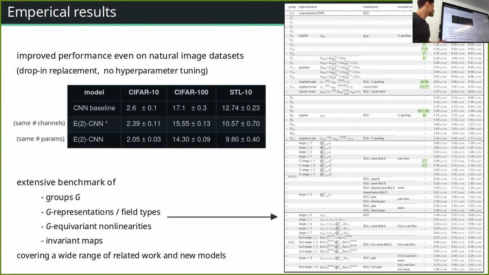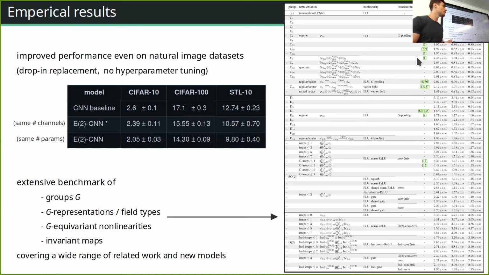All right, so this was about these natural images, and then what is from a theoretical viewpoint actually more interesting. You can't see it too well probably, but it's this big benchmark table here where we test different groups, then different representations, different equivariant nonlinearities, and maps which we classify in the end.